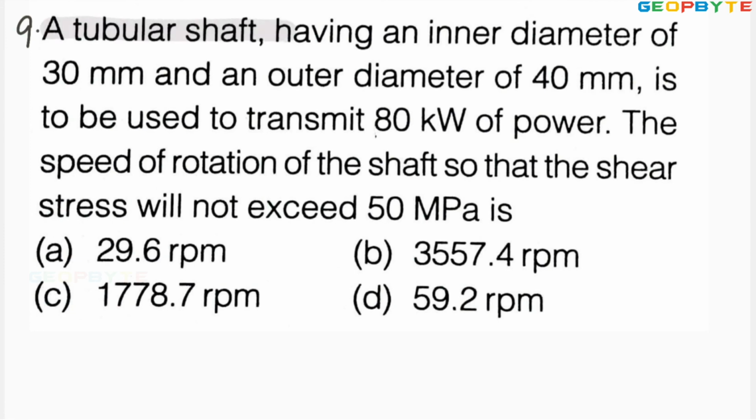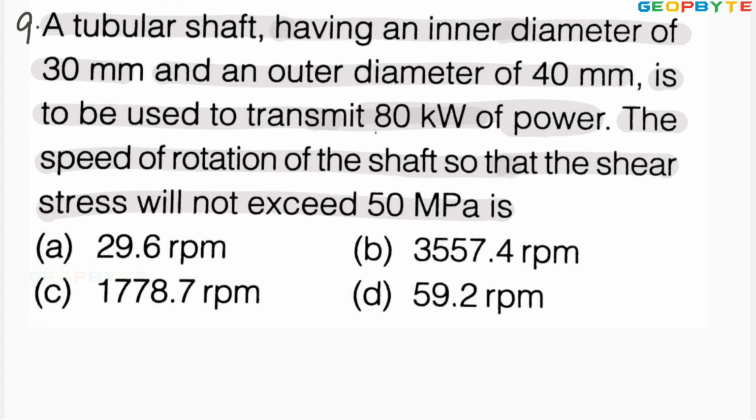A tubular shaft having an inner diameter of 30 mm and outer diameter of 40 mm is to be used to transmit 80 kW of power. The speed of rotation of the shaft so that the shear stress will not exceed 50 megapascal is.